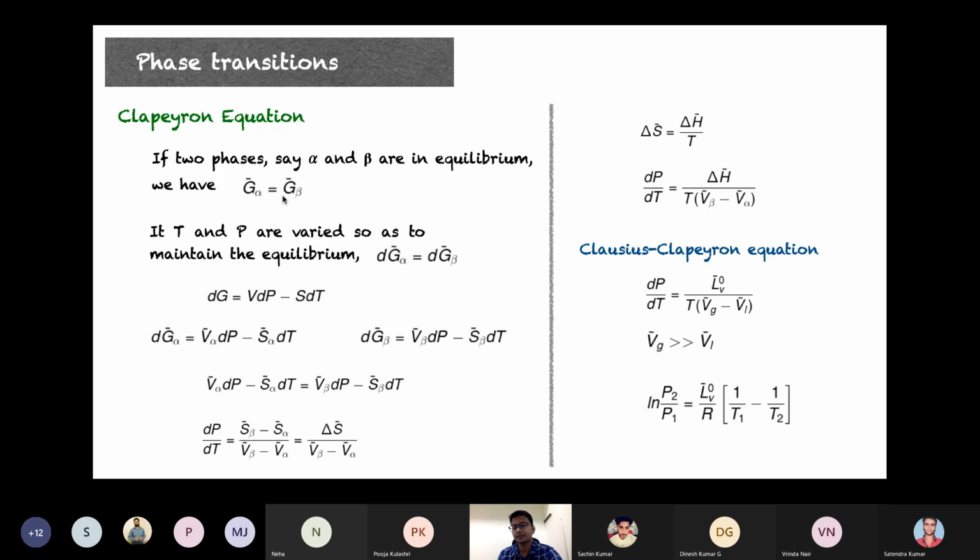Then if you do a little bit of mathematics and integrate it, you get a relationship like this. This is the concept of Clausius-Clapeyron, to characterize or calculate the dependency of pressure and temperature on the phases.